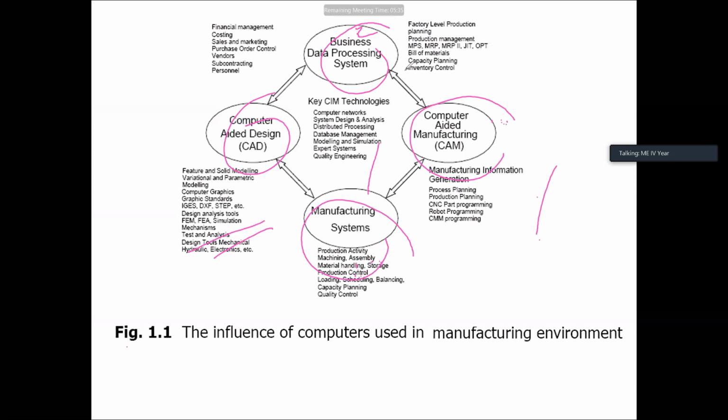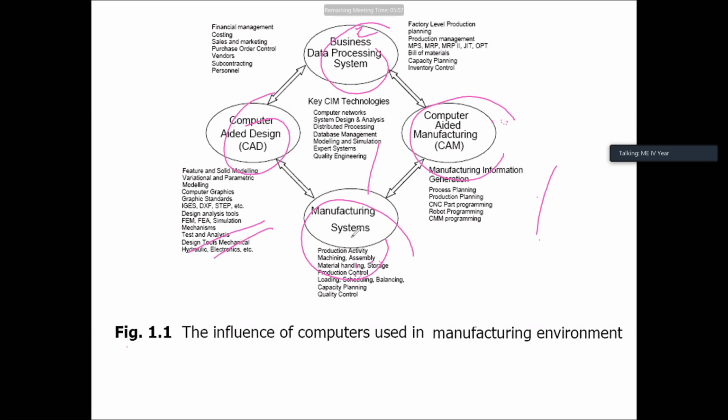So every software has different supporting files. We can convert any model into any other file. Suppose a CAD model can be converted into a Creo model, and a Creo model can be converted into an AutoCAD model. So there are several supporting files. All these things can be done by these people, and finally we will get the product.